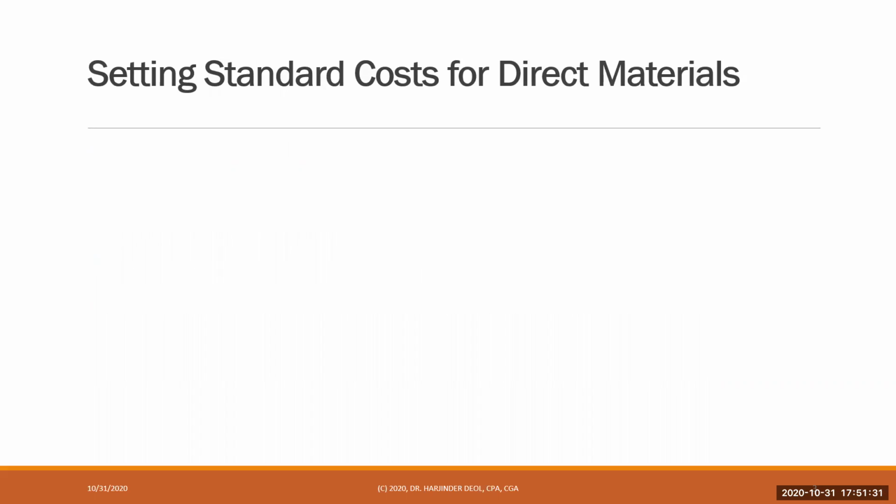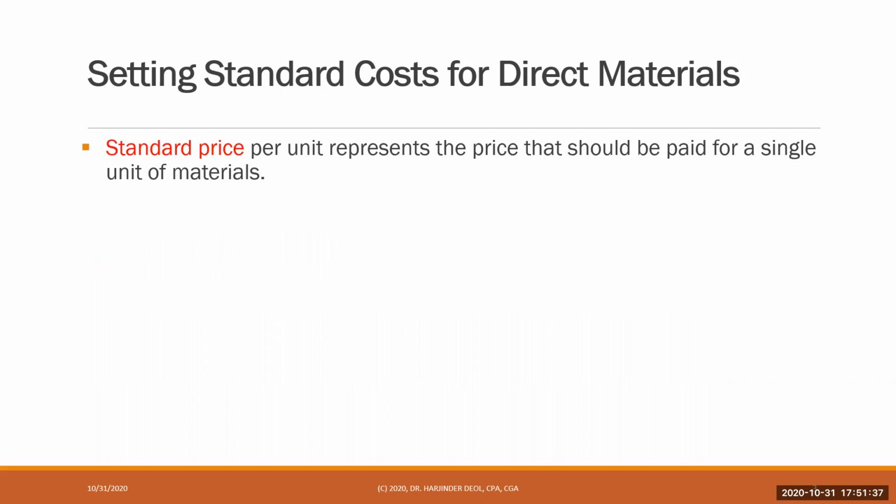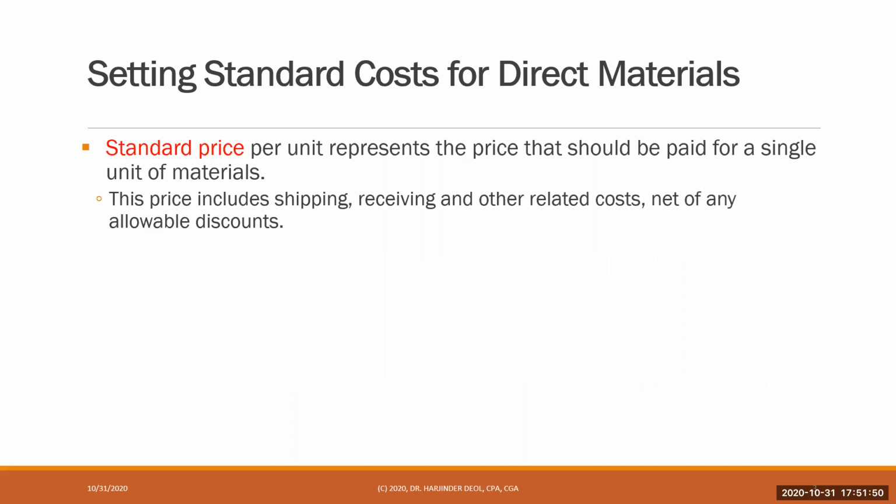So how are standard costs set for direct materials? The standard price per unit of materials represents the price that should be paid for a single unit of materials. This price includes the costs of shipping, receiving, and any other related costs, net of allowable discounts.